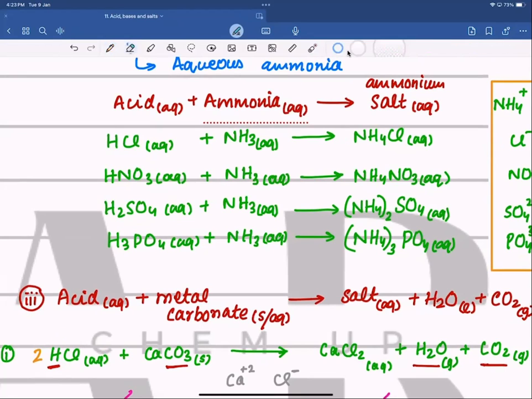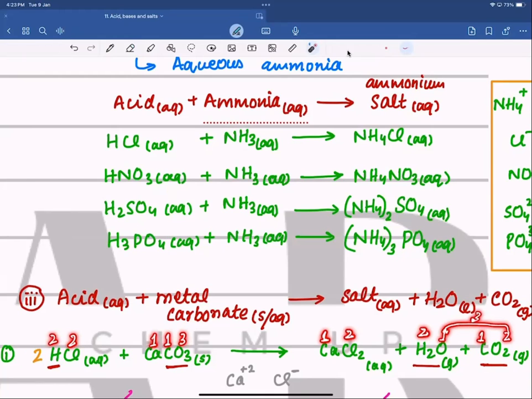If you look at the rest of the elements, all are balanced: 2 hydrogens, 2 chlorine, 1 calcium, 1 carbon on each side, and 3 oxygen on one side, with 1 oxygen plus 2 oxygens on the other, which makes it 3. So now the whole equation is balanced.